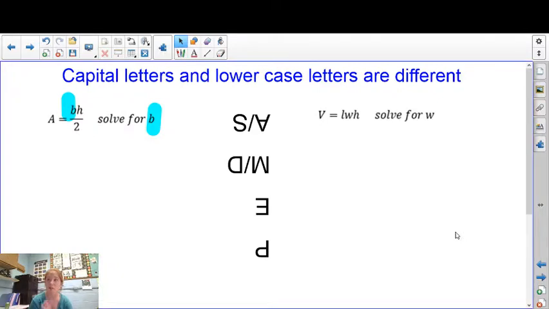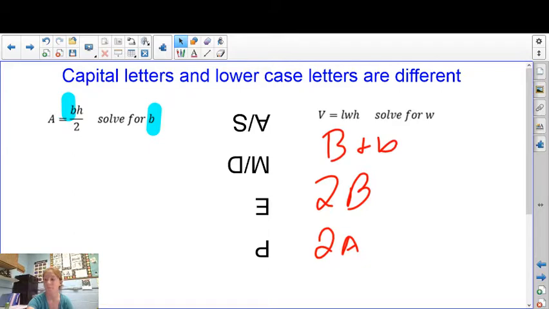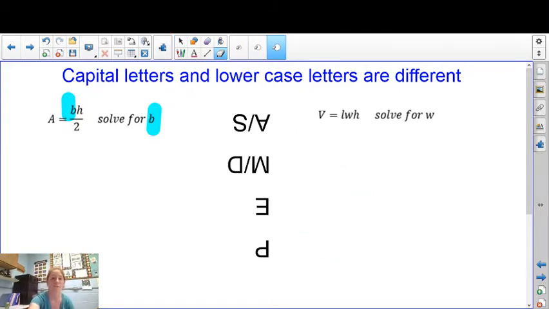I'm 99.9% sure there's one in the homework where it's got the same letter. There's an uppercase and a lowercase. They are not the same. You don't get to put them together as 2B or 2A. It would be capital B plus little b. But again, a note for another day.